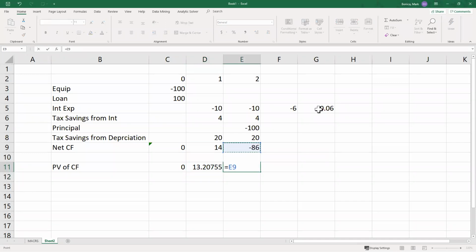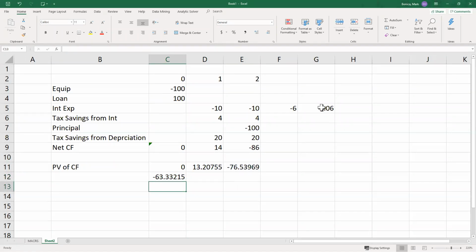Then I'm going to discount this one 2 years, so divided by 1 plus the interest rate raised to the second power because it's 2 years. And so I got negative 76. The total here is the sum of all 3 years. So the present value of the cash flows, if I finance this, is negative 63. And let's just do that.